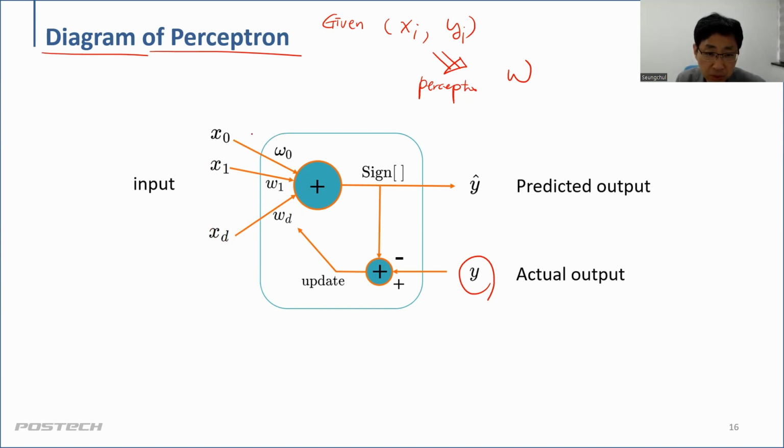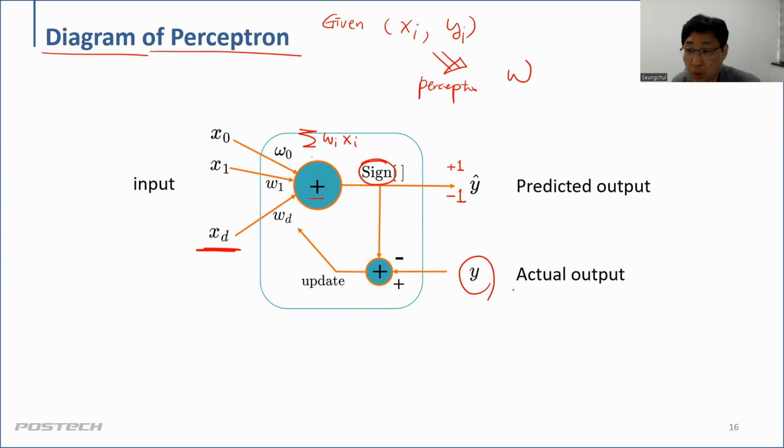So here we have X. This is the summation of omega i xi, and we put it into the sign function, whether it's positive or not. The predicted one might be +1 or -1. For each data input, we have a corresponding actual output, the true label.